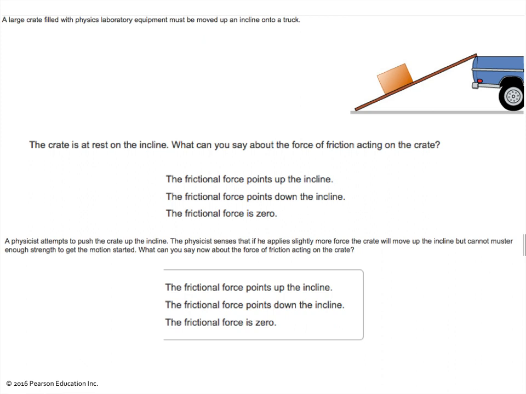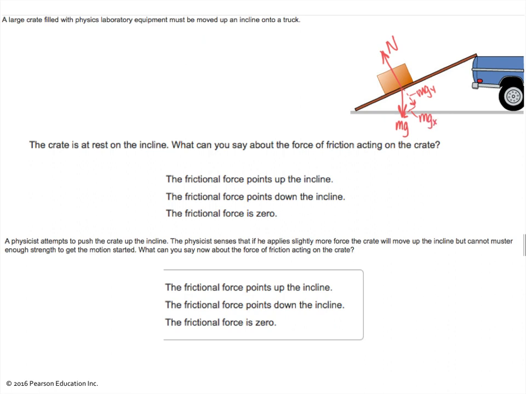All right, here is practicing how we find the direction of the force acting on the crate. So right now, if my crate is on the incline and you want to know what the friction is, think about what the forces would be acting on this object. For one, I have the normal force and I have the weight. Now, this weight breaks down into 2 components, a y component and an x component.